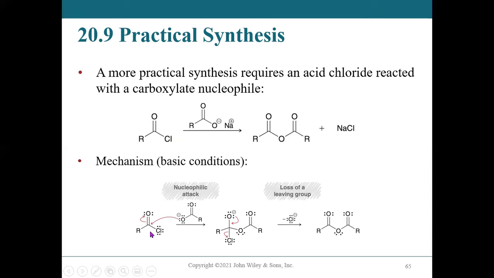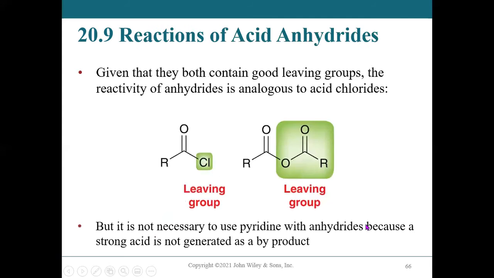Mechanism, for example: we can take the acid chloride and react it with the carboxylate and produce the tetrahedral intermediate, reform the carbonyl, expel the chloride, and produce the anhydride.